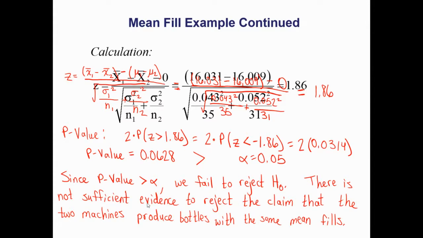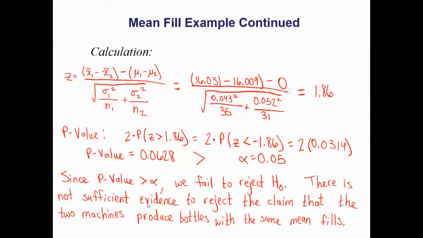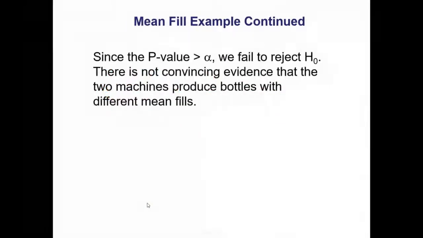I was just trying to hit two birds with one stone, basically. Get them practice hearing it and using it, but then also we're still writing a conclusion as well. As far as AP goes, that would be y'all's official conclusion. There's not convincing evidence that the two machines produce bottles with different fills. Does that make sense?